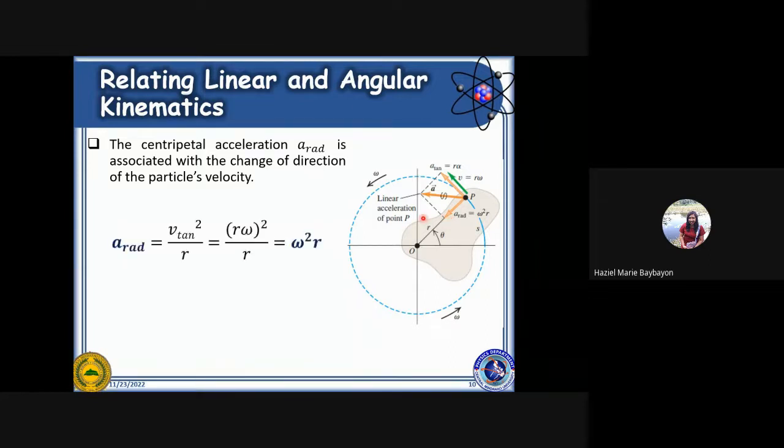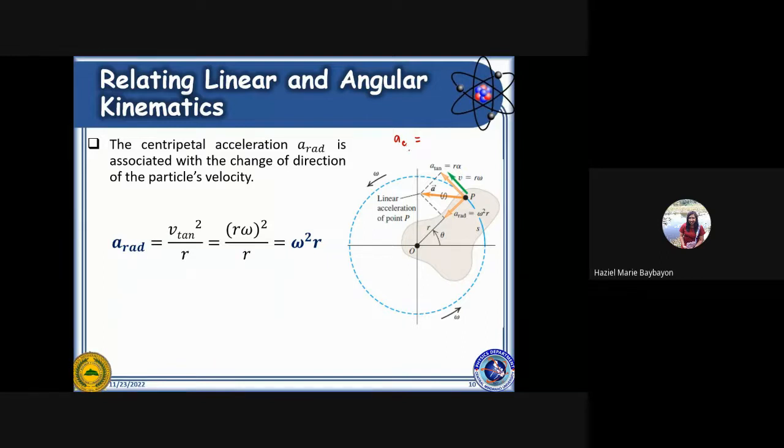So, recall, if you still remember, class, the centripetal acceleration, A sub C, which we used earlier in the dynamics part, or I think it's the dynamics part, or was it kinematics?